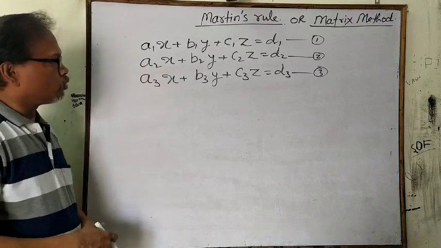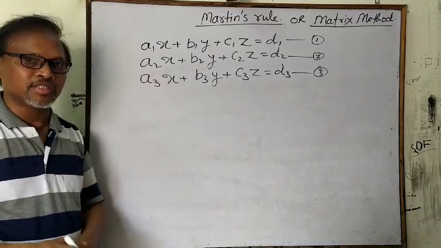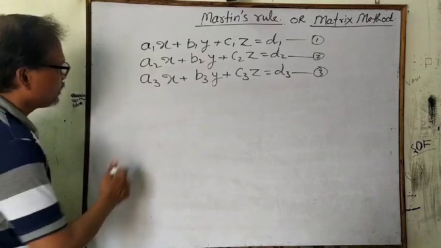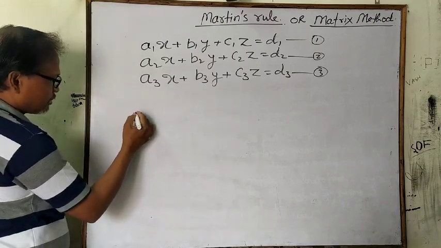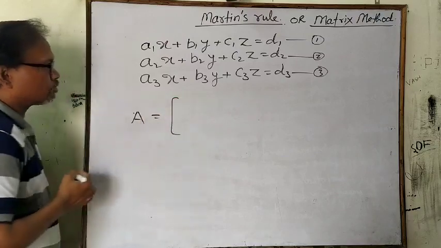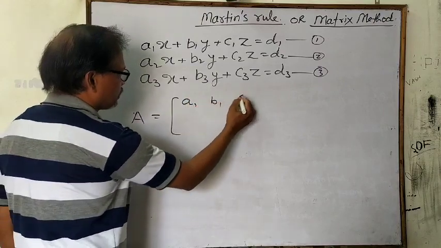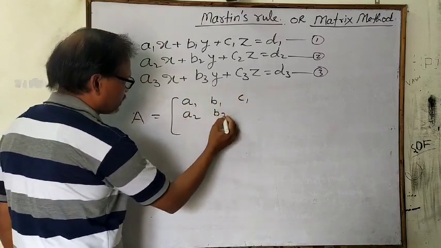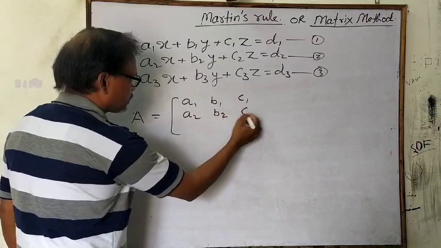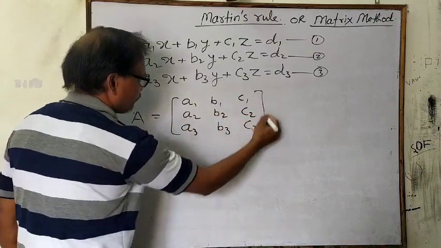First of all, how to find the values of x, y and z, meaning consistency. In this case, we form three matrices. The matrix A, the coefficients of x, y and z: a1, b1, c1, a2, b2, c2, a3, b3 and c3.